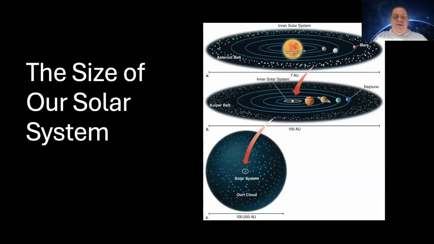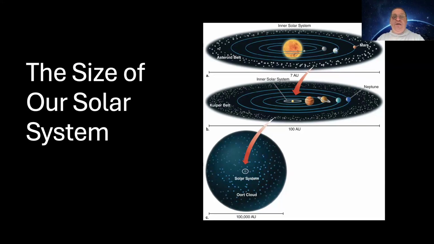So when we look at the size of the solar system, we zoom outward. There's another structure which is theoretical. We actually do not have direct observations of this structure. We have inferred its existence based on what we call long period comets, comets that have periods that are 100 years or longer.